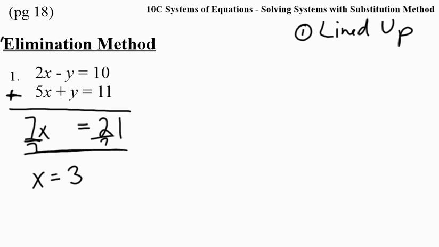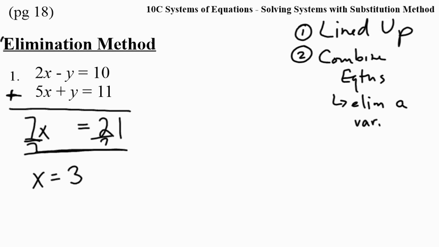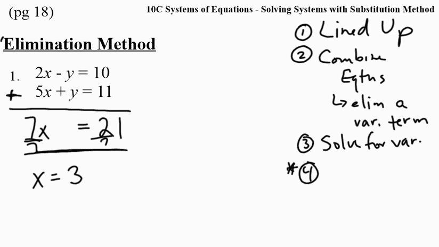We line things up, we combine the two equations, and that should result in eliminating a variable term. In this case, we were able to eliminate the variable y. But once it's eliminated, algebraically solve for the variable that remains, and don't forget to solve for the second variable.